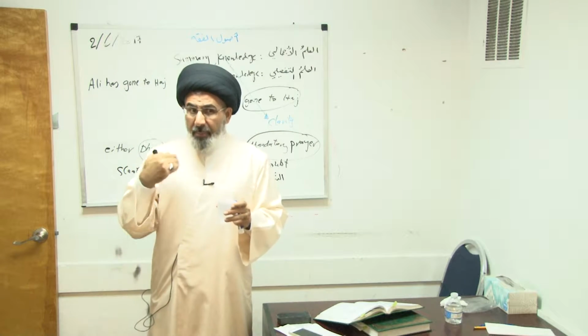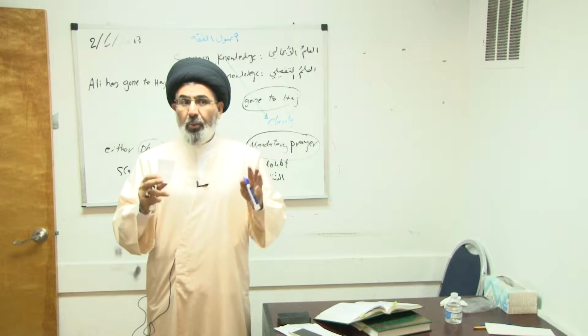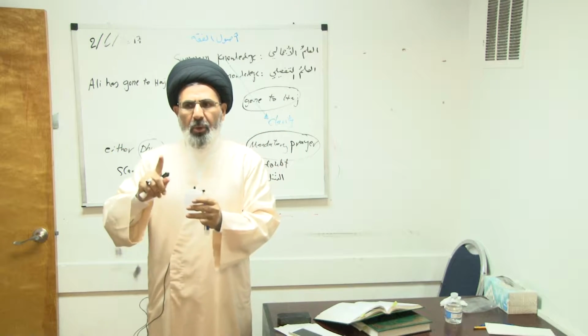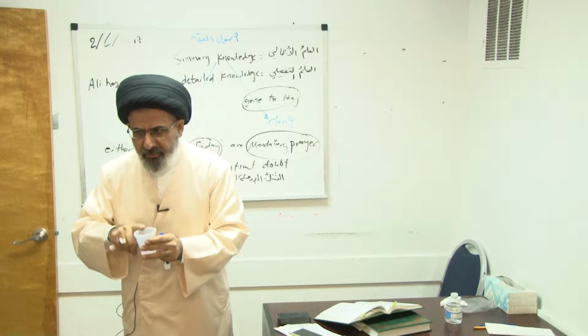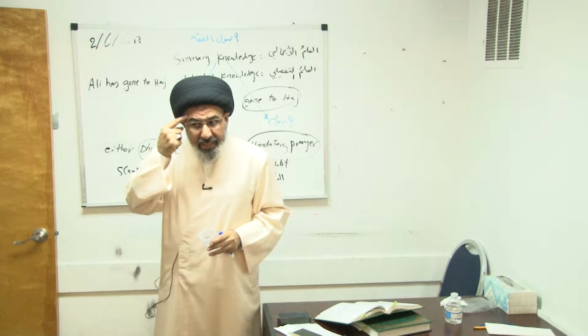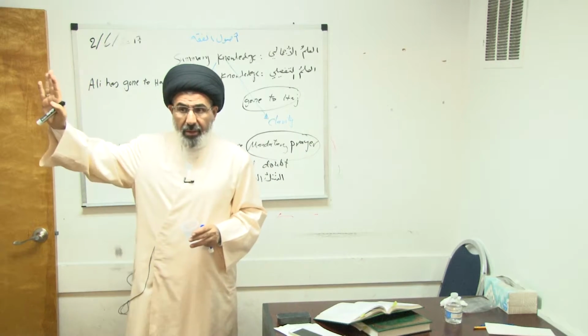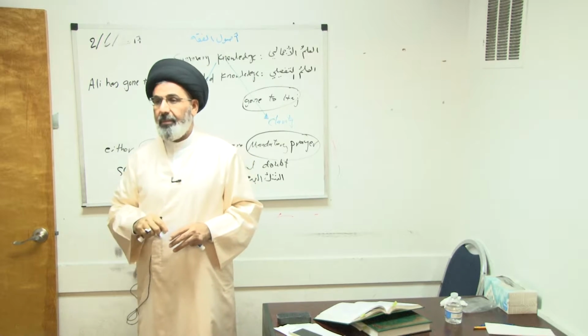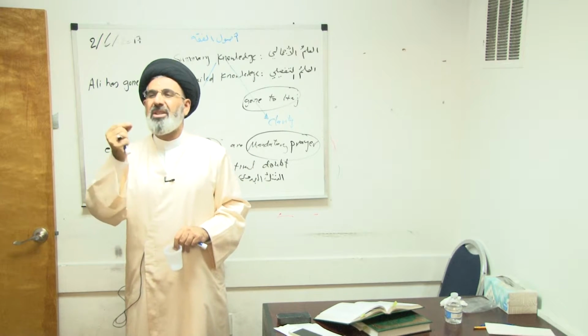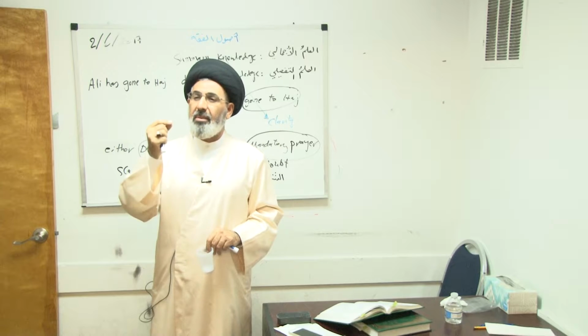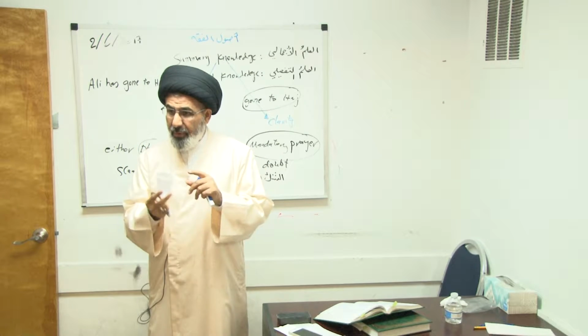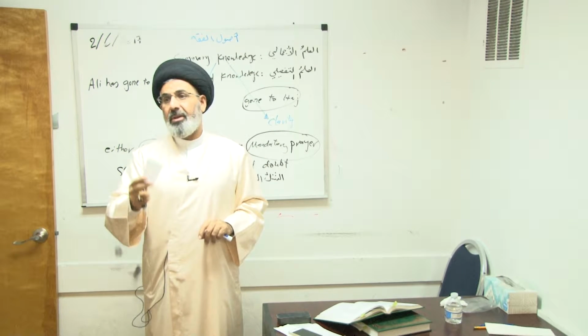If it is probable he likes the food, and you want to satisfy him completely, would you prepare that food for him or not? Aql says yes. Not law, forget about law. Aql says you must do it, even if there is a 10% probability that he's going to ask for this dish, prepare it for him.